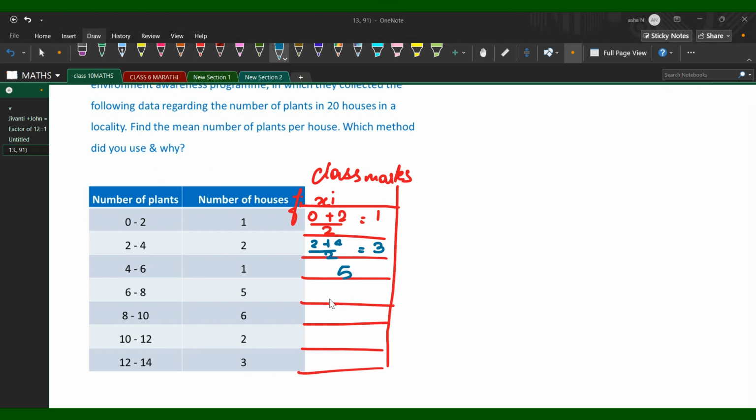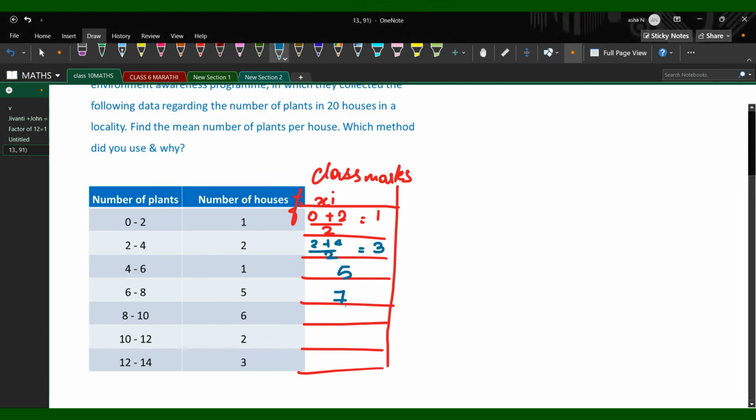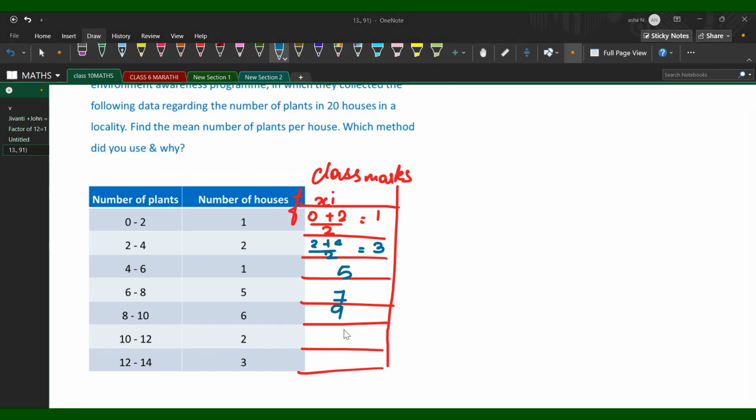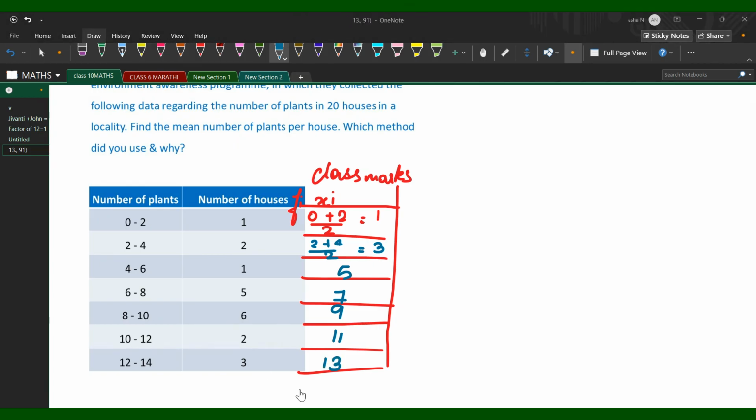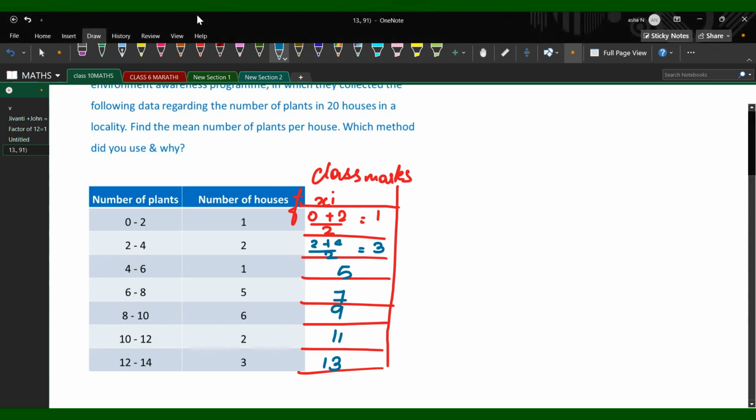Then we will have 7. Then 9, 9 twos are 18, then 12 plus 10 is 22, divided by 2, which is 11, then 13. Now what we will do is multiply fi into xi.